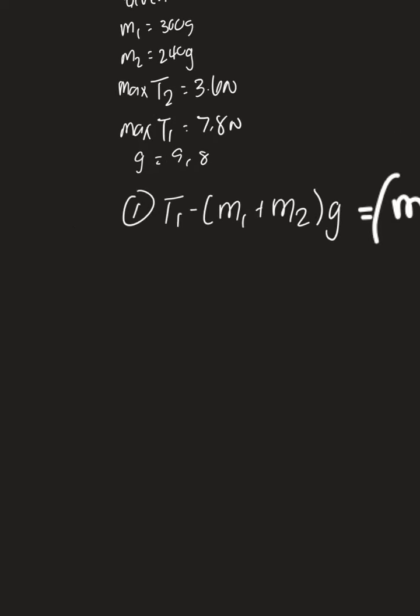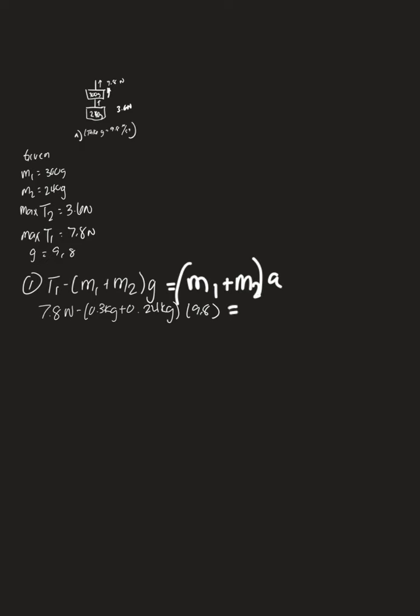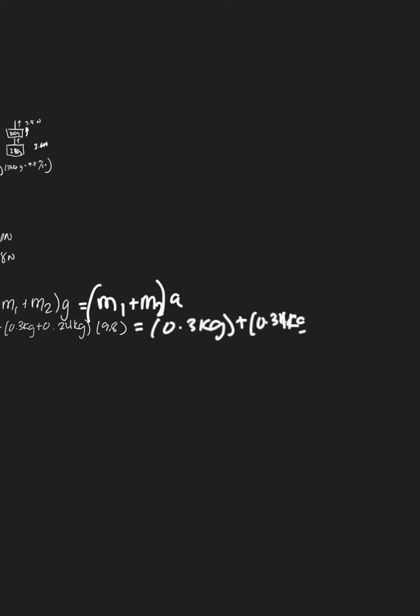So we do 7.8 newtons minus 0.3 kilograms, because we convert it into kilograms from grams, plus 0.24 kilograms times 9.8, equaling 0.3 kilograms plus 0.24 kilograms times acceleration.